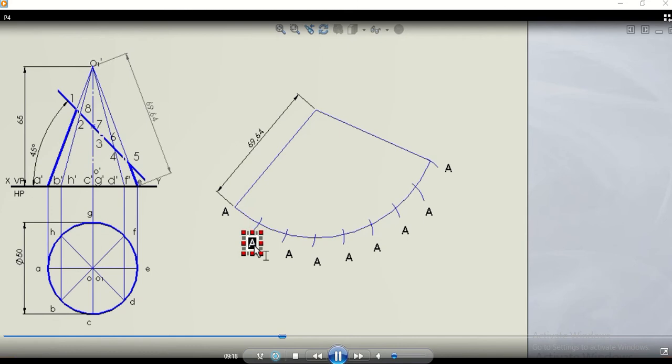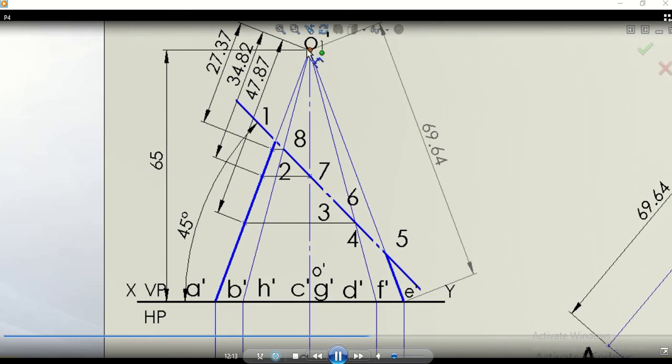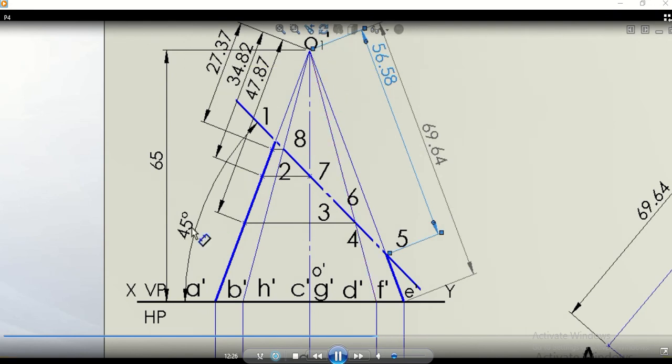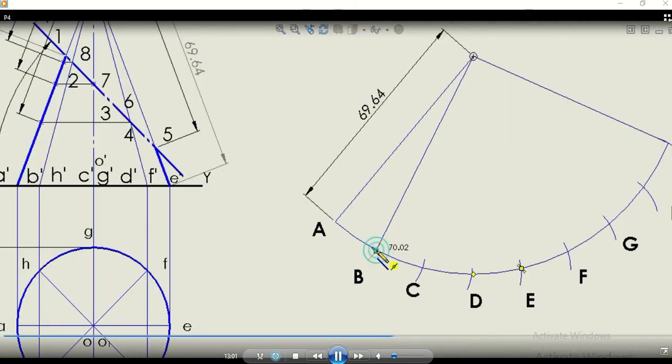So after extending all these points, you need to extend the points 2 and 8, 3 and 7, 4 and 6 to the true length line, and then you need to measure the same distance and transfer it on the development here.